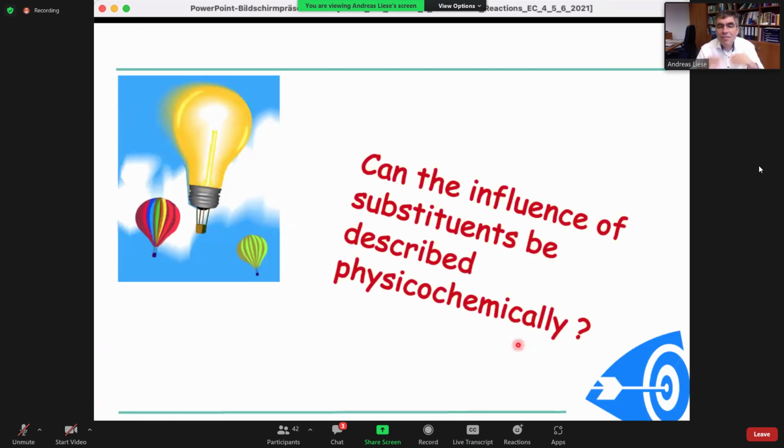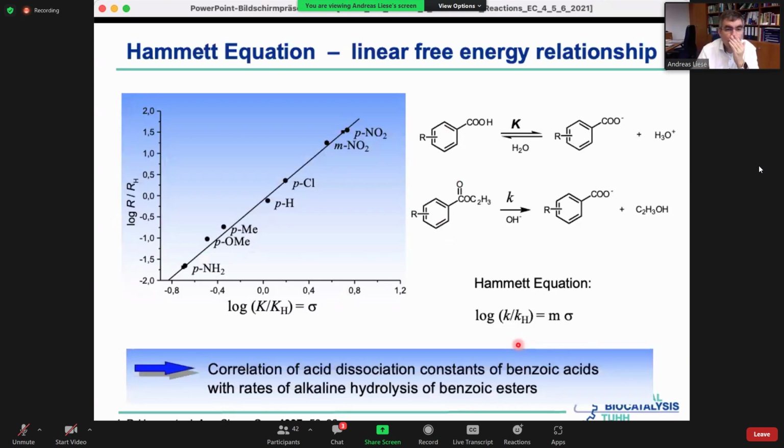And this we can do with physical chemistry. So physical chemistry we can use to describe what's going on here, and that I would like to demonstrate to you. What you see now has nothing to do with any biocatalysis. This is just classical physical chemistry. What are we looking at? We're looking at this reaction up here.